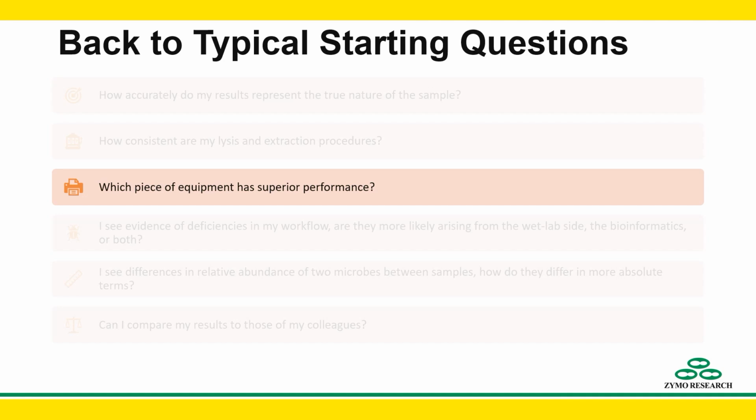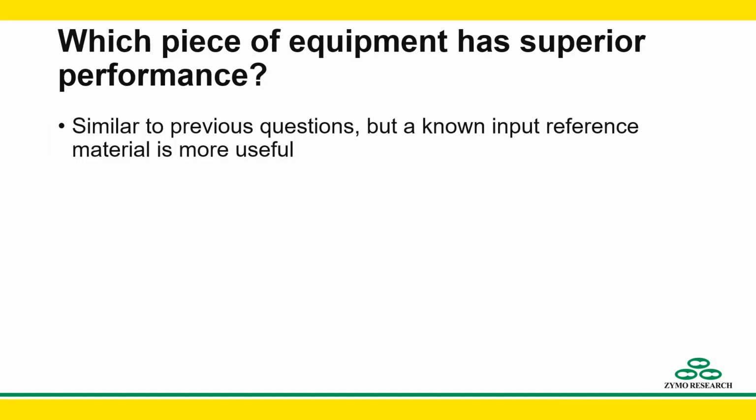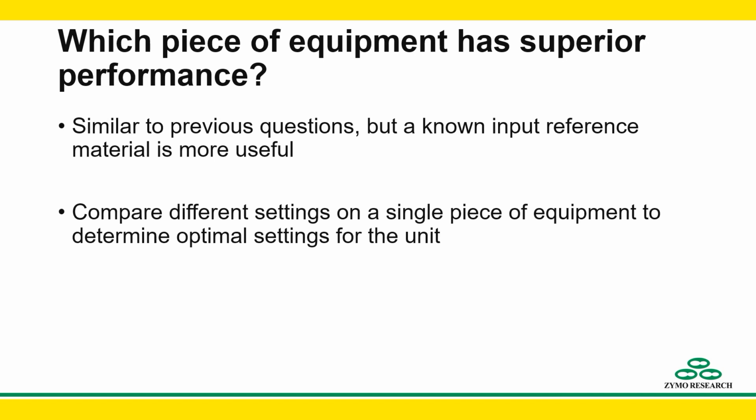Moving to our next question, we can ask which piece of equipment has superior performance. And it turns out this is also similar to previous questions, and again would require a known input reference material. In this case, a known input reference material would be much more useful than anything complex or unknown. We can use this to compare different settings on a single piece of equipment.